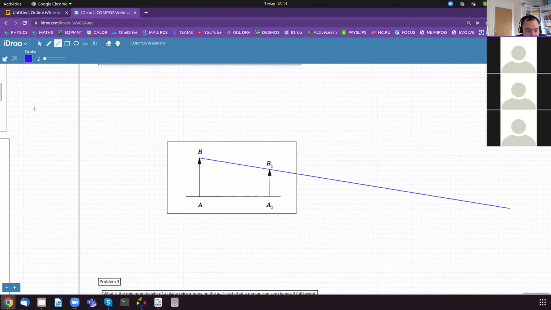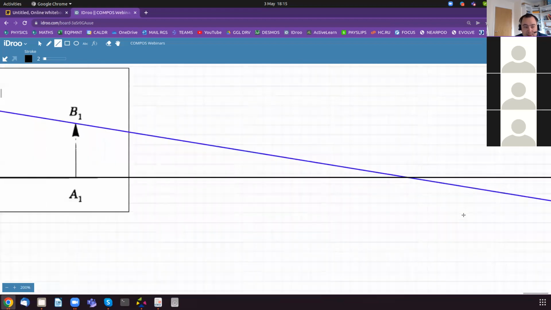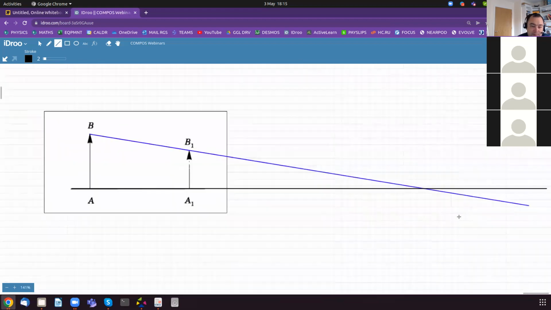And the point of intersection of the 2 lines with the principal axis, this is the center of curvature, because both lines are perpendicular to the surface of the mirror.